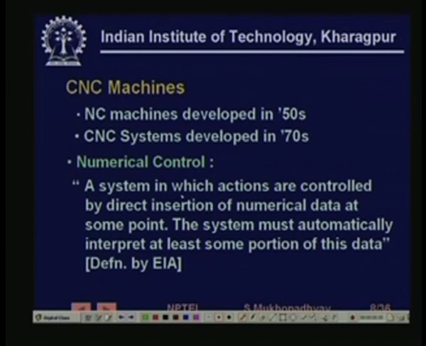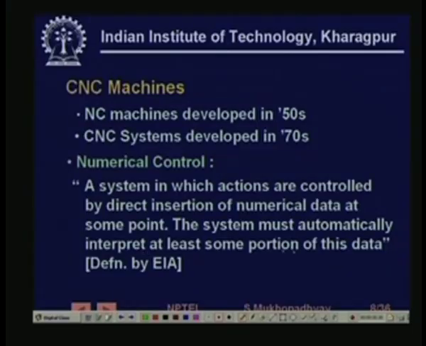So at some point numerical data must be used to control the machine, and the system must automatically interpret at least some portion of this data. Even if you do not have a computer, you can have a paper punch card reader. They were the early versions of the CNC machines.